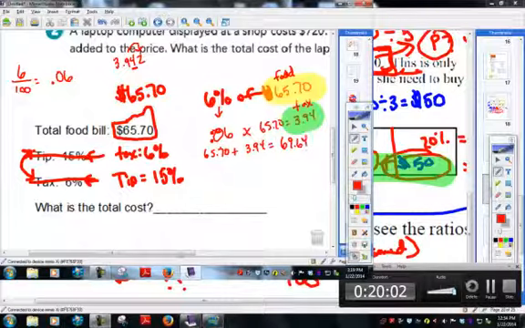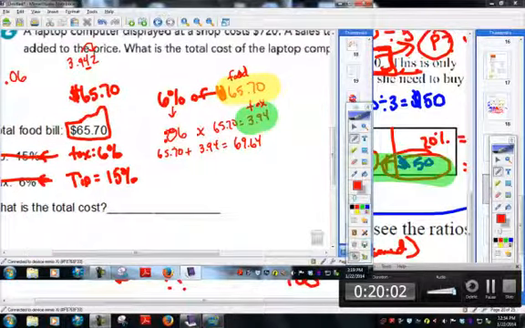Put this in yellow, I guess. And that is both the food and tax. Those are added together. Food and tax.